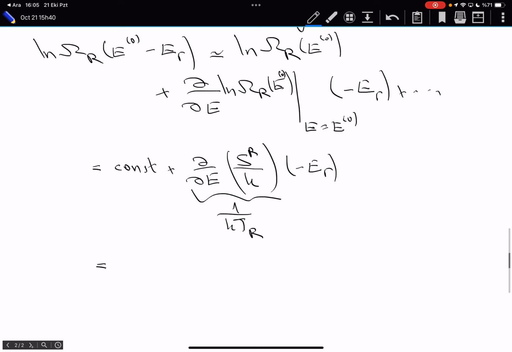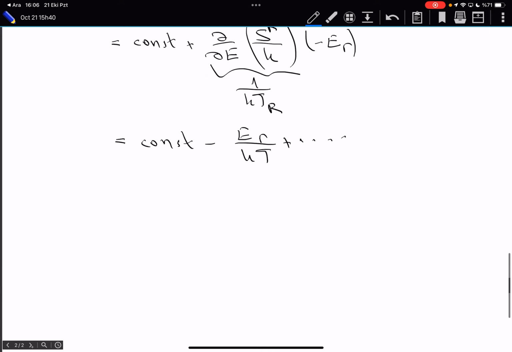But in equilibrium, that's also the temperature of my system, the temperature of the whole system. Plus, of course, there are other terms. So P of E of R will be some constant times e to the power minus E of R divided by KT.